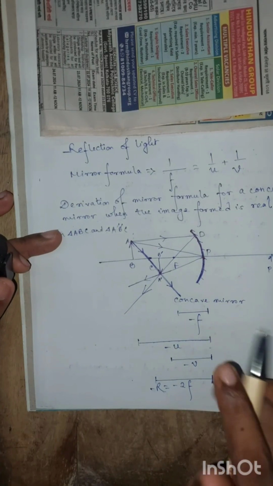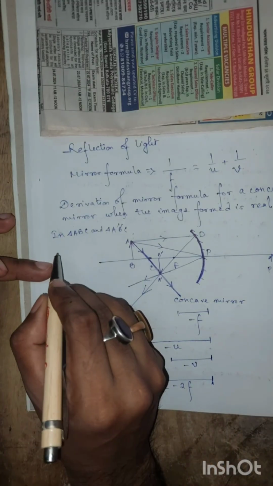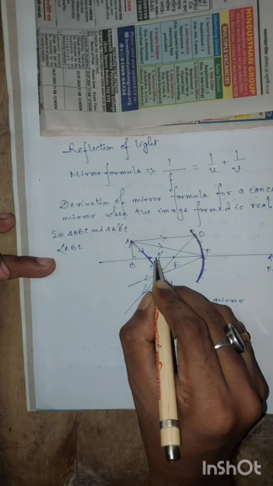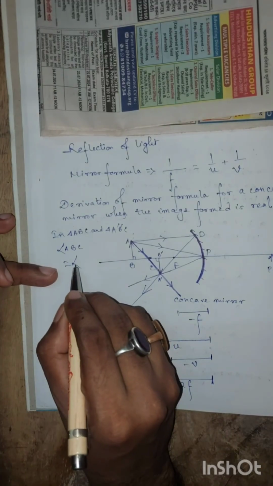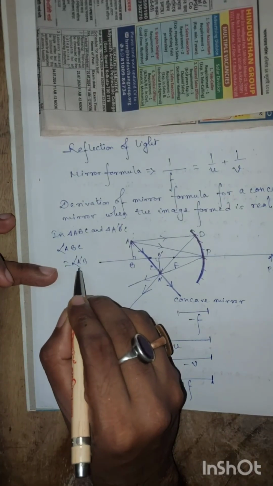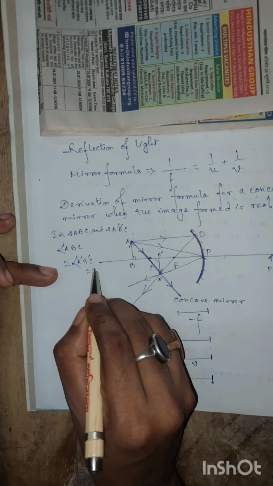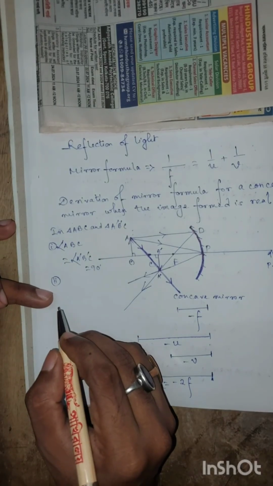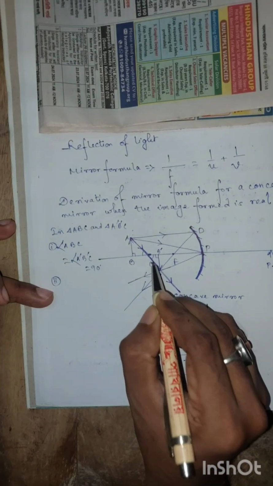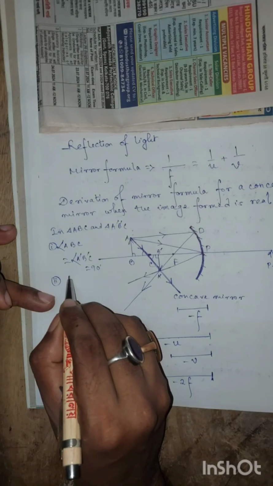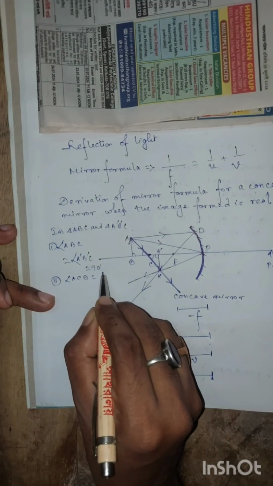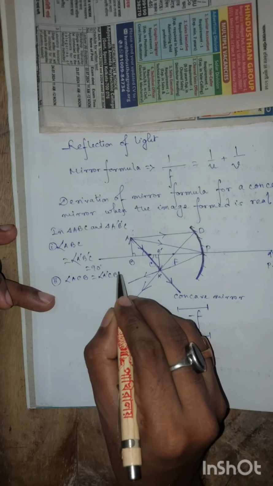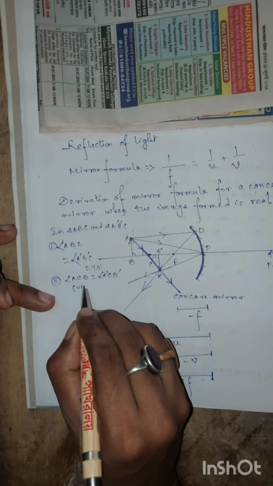see very carefully, we can write angle ABC is equal to angle A dashed B dashed C equal to 90 degrees, and angle ACB is equal to angle A dashed C B dashed, because they are vertically opposite angles.